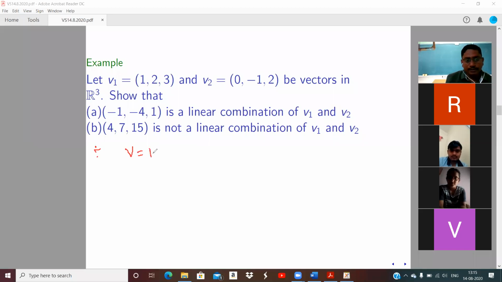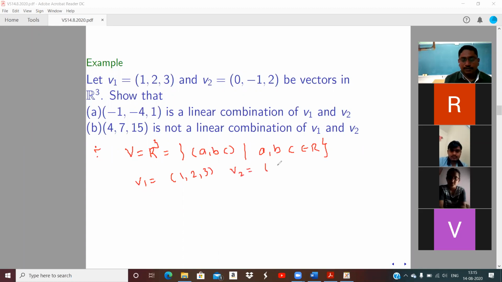Your vector space is R3. R3 means triplet vectors, and the triplet entries are from real numbers. V1 is (1, 2, 3).